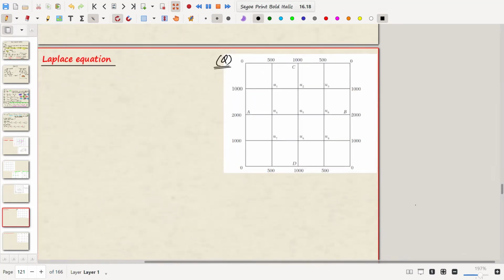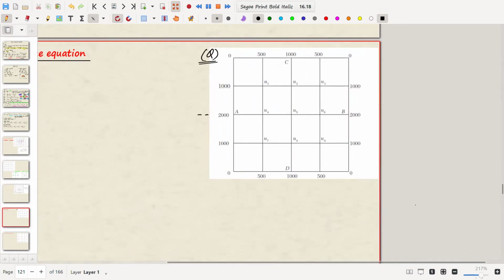See, in front of AB, this is A, this is B. Think of this as a chocolate bar. You flip the chocolate bar upside down. Can you see that 500 is here, 500 is here, 1000 is here, 1000 is here, 500, 500, and 1000, 1000, 1000, 1000.